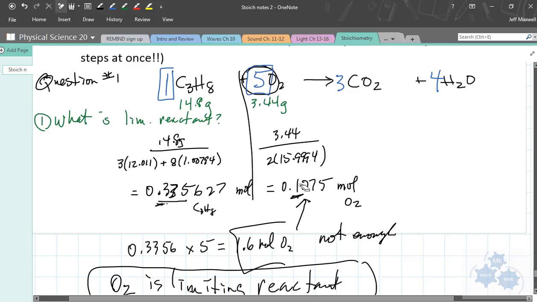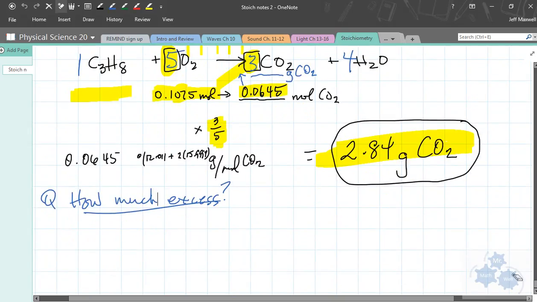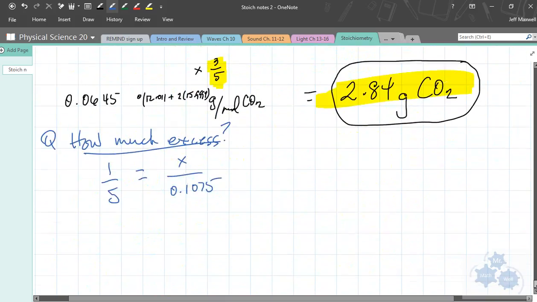So if I were to work backwards now, and if this was the top end of the 5, right? And then how much propane will actually partner with this, so at the 1 to 5 ratio. So this is when you can write down something like this, right? You say, okay, so 1 to 5 is the same as x to 0.1075 moles. And so if this is a 1 to 5 ratio, I'm going to calculate how much propane is actually going to go with this.